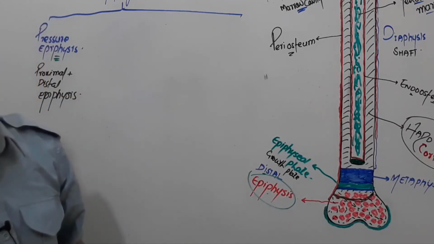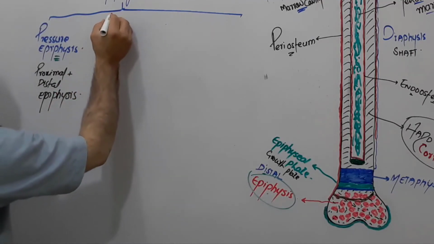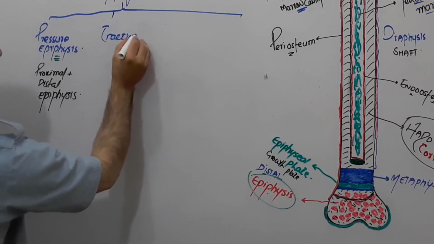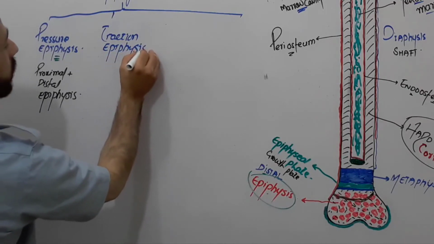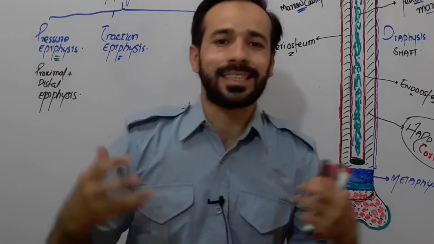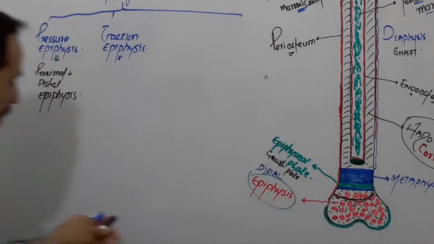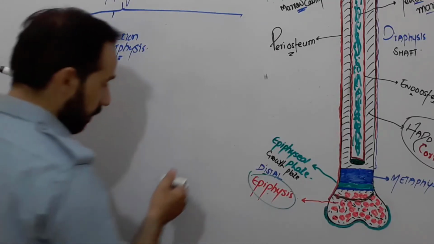So pressure epiphysis. Then other than pressure epiphysis, we have the traction epiphysis. The second one is traction epiphysis. The traction epiphysis is the epiphysis to which certain ligaments and certain muscles are connected. Let me draw a diagram here, right, friends?